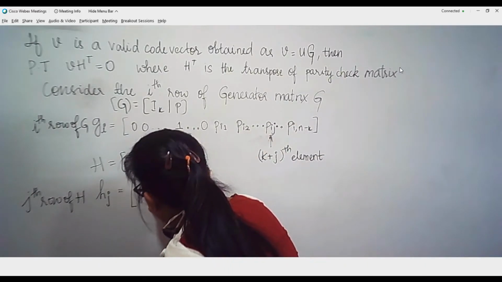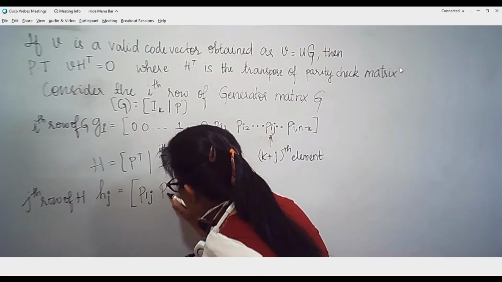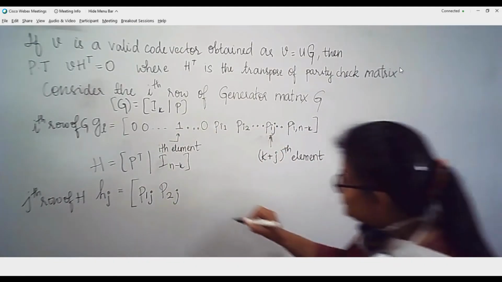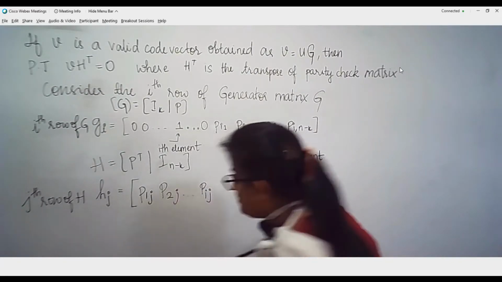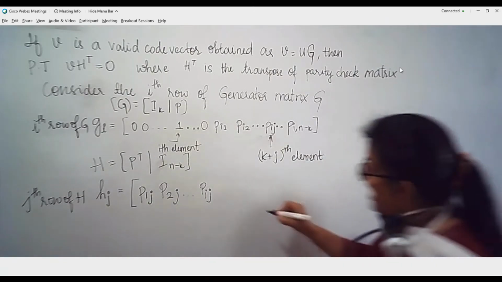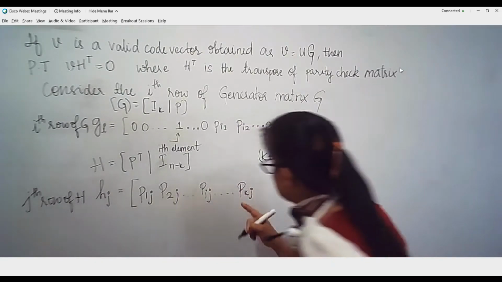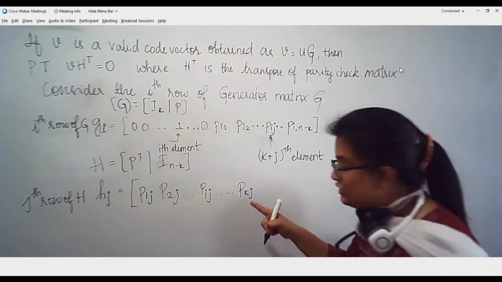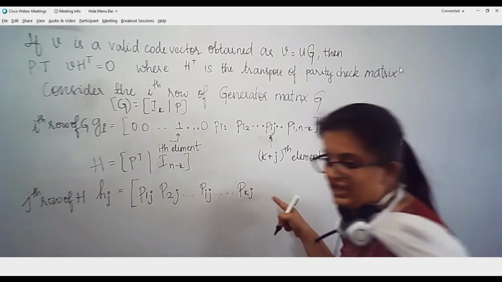So I will start off with P1j, then P2j, correct? Yes, ma'am. So on. Somewhere in between I will get Pij. Then I will extend this to the last element, which would be Pkj, because the number of rows will become the number of columns over here. So the kth element here would be P suffix kj.